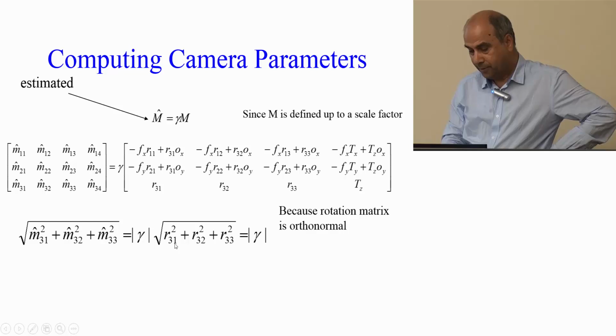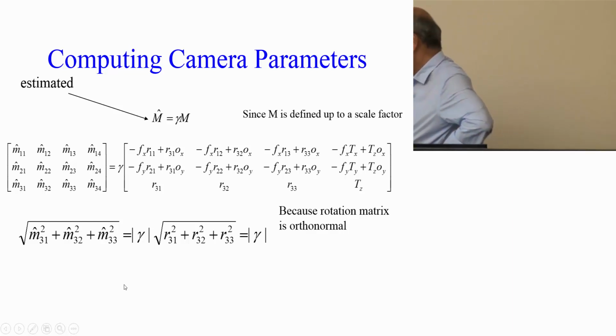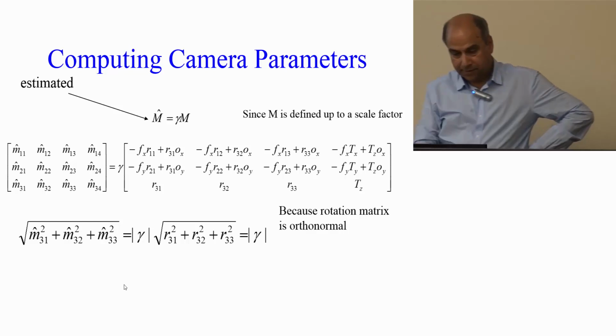This is 1, yes? So therefore this will be gamma. Which means we can determine the magnitude of gamma, the scale factor, by finding this. That's the first thing we're going to do. Because we have this matrix, we have those m's, we just find the magnitude of that, and that gives us gamma, but it's only the magnitude. We don't know the sign. Okay? So that's the first thing.